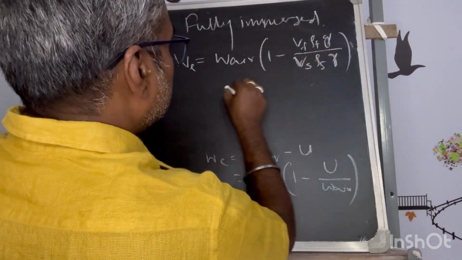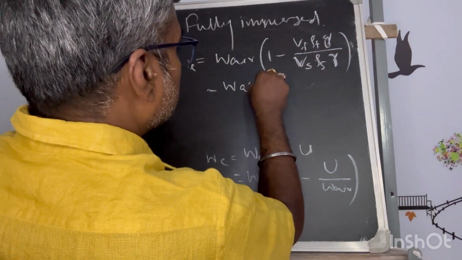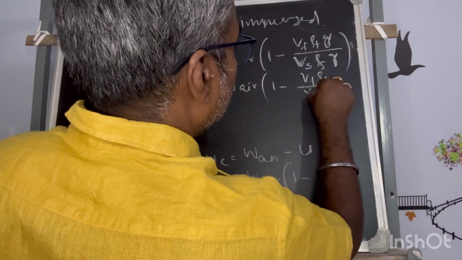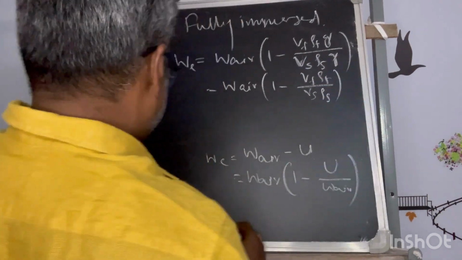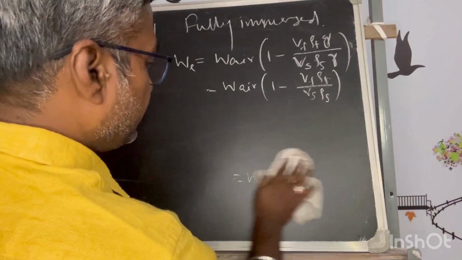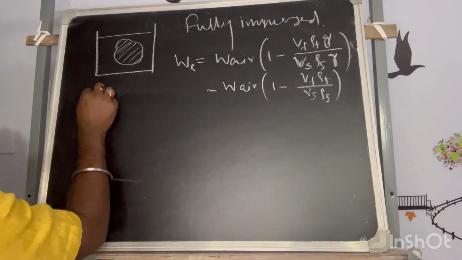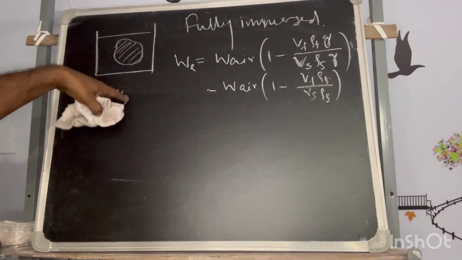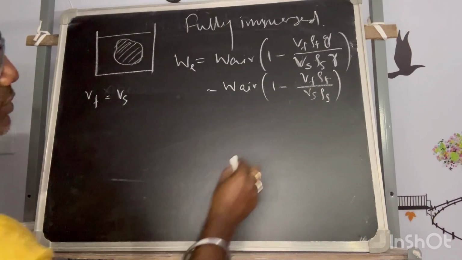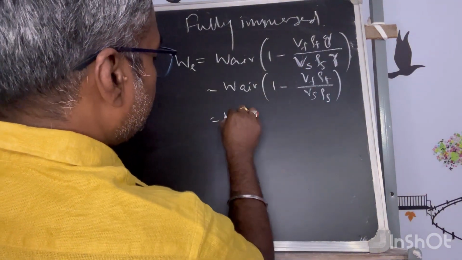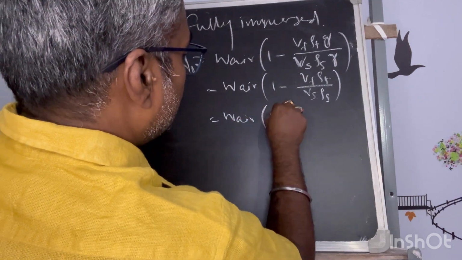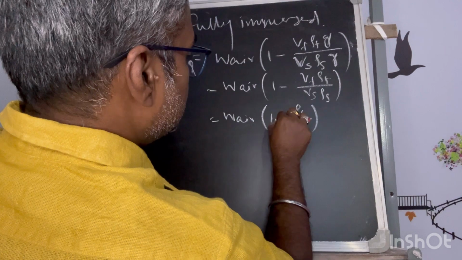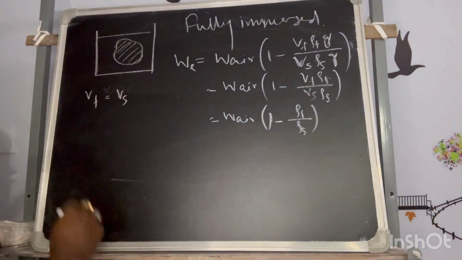So ultimately it is 1 minus Vf rho f over Vs rho s. Now if it is fully dipped, Vf is equal to Vs, since nothing is outside the fluid, so this will cancel out. Ultimately it is 1 minus rho f over rho s. This is the condition when it is submerged.